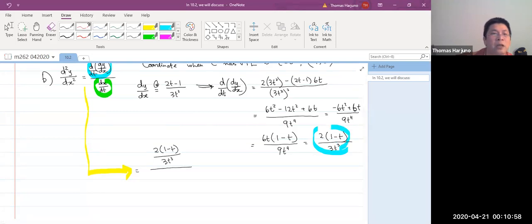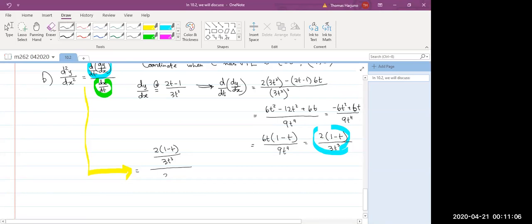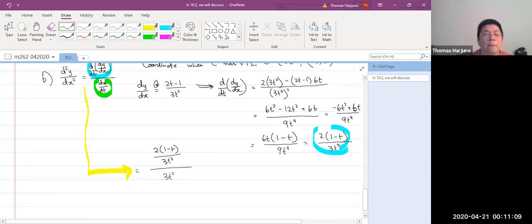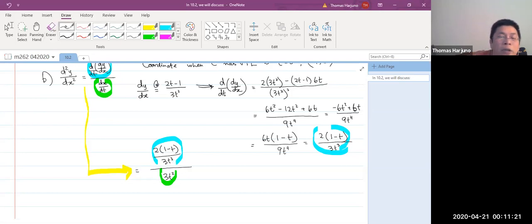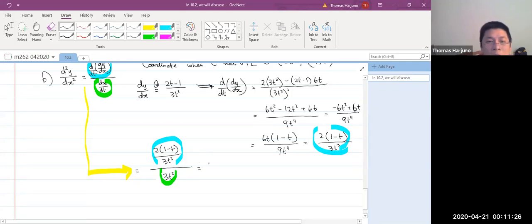What is dx dt again? Is it 3t squared? That's right, that's 3t squared. I use this color here to help you see how I'm just doing a Lego here, plug and play substitution. So I have 2 times 1 minus t over 9t to the 5th.